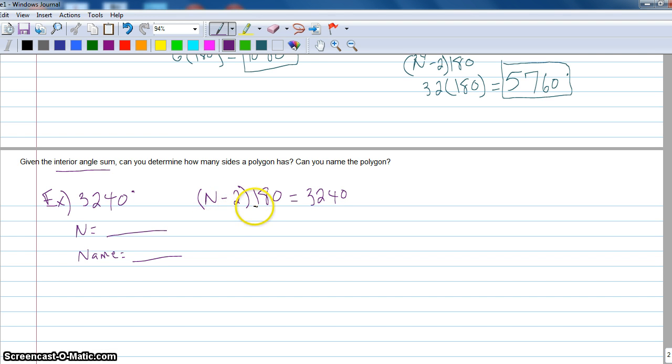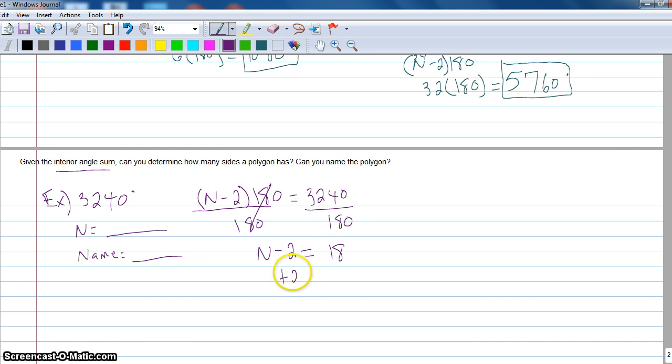N minus 2 times 180. How do you get rid of times? Well, divide. The opposite of multiplication is division. I'm going to divide by 180. It cancels. N minus 2 is equal to 3,240 divided by 180, which is 18.